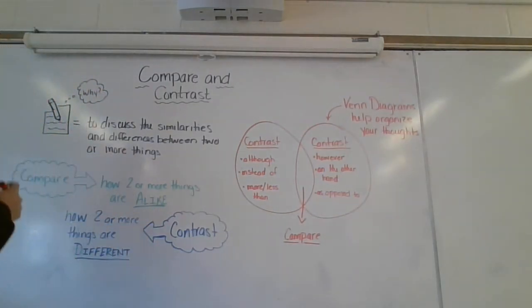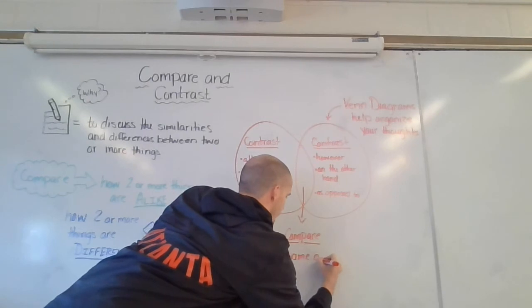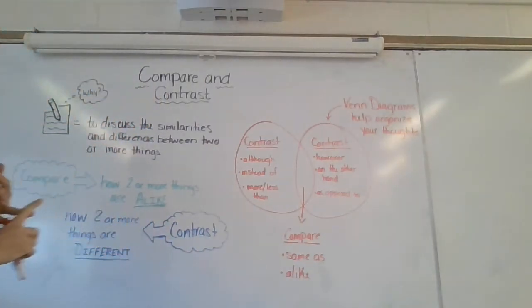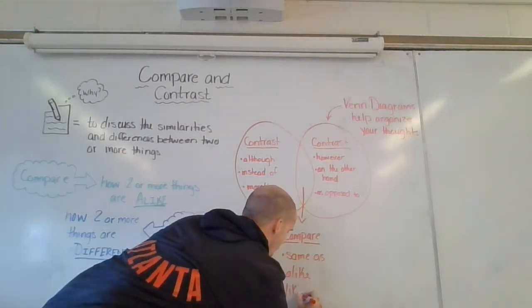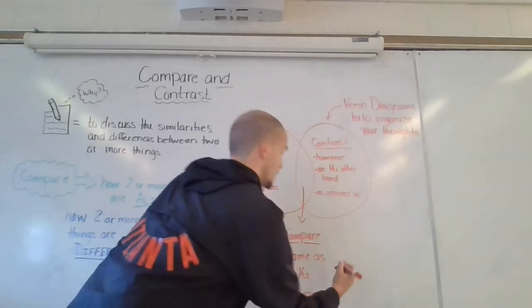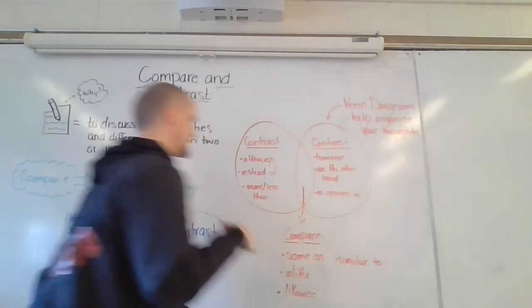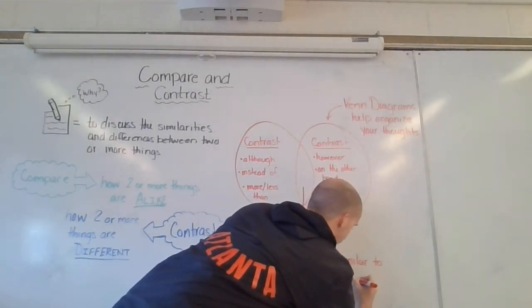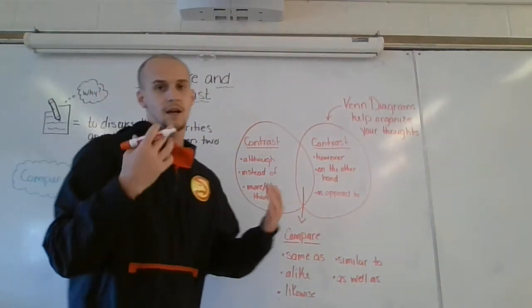And so words that you can look for that let you know that you are comparing: same as, alike, likewise, similar to, or as well as. These are words or phrases that let you know that the author is comparing.